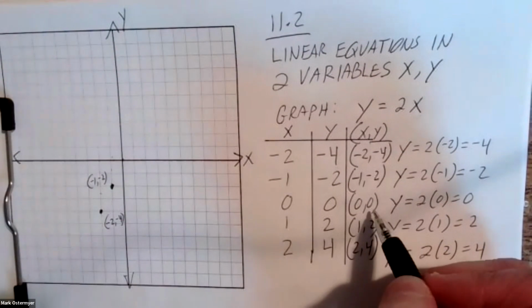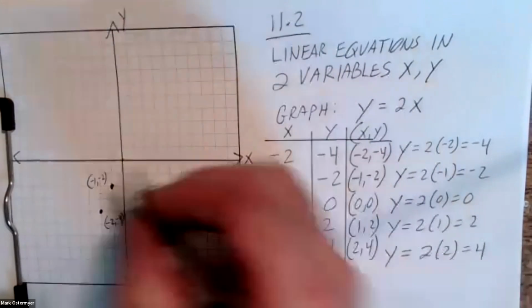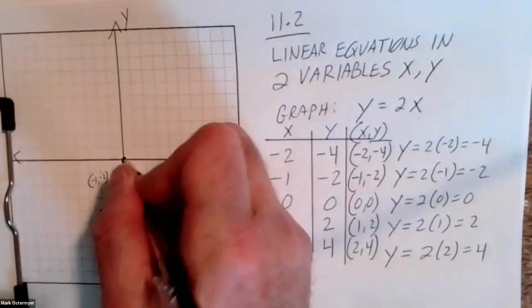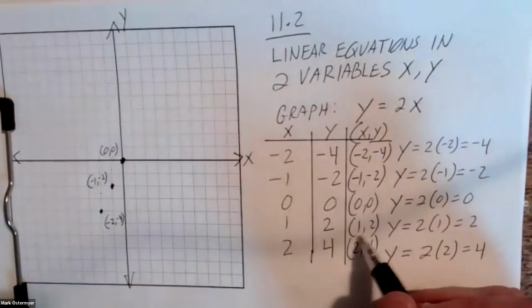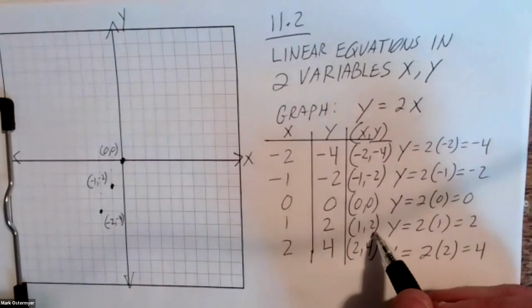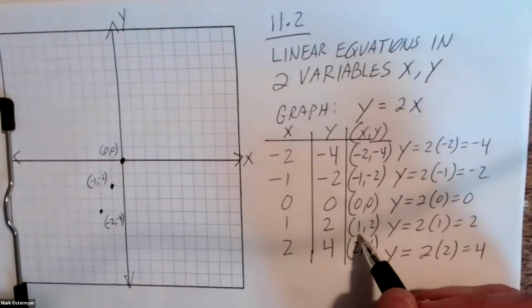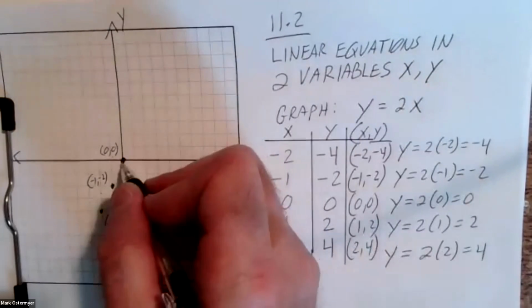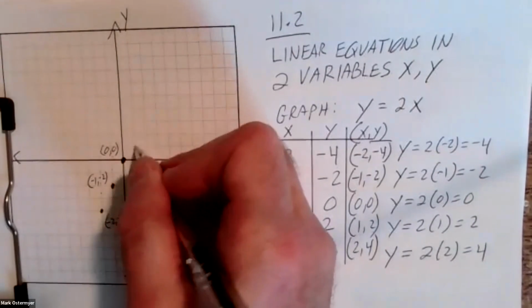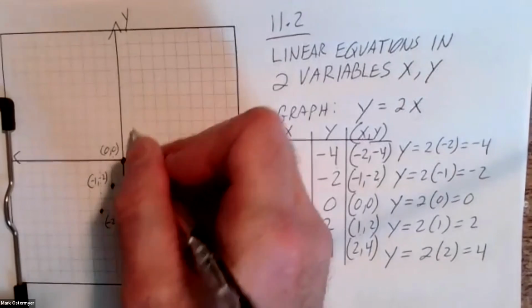Well, 0, 0, ladies and gentlemen, is called the origin of the XY plane. 0, 0 is right there. That's 0, 0. Plotting 1, 2, we start at the origin and I move 1 unit in the positive x direction, then up 2 units parallel to my positive y direction. So 1, 2: start at the origin, 1 to the right, now up 2. There's 1, 2.